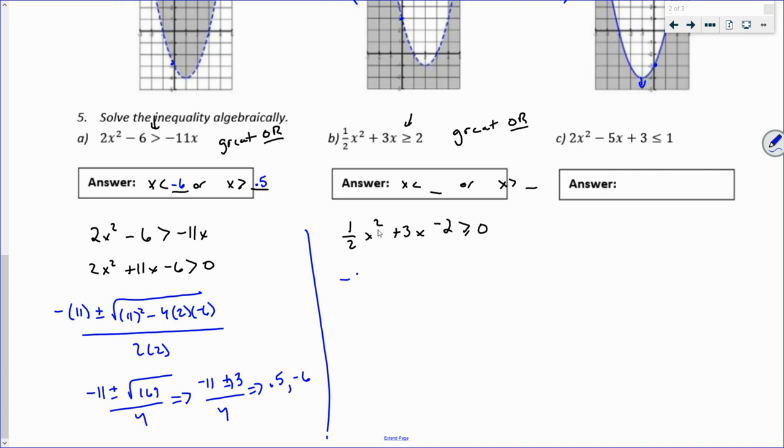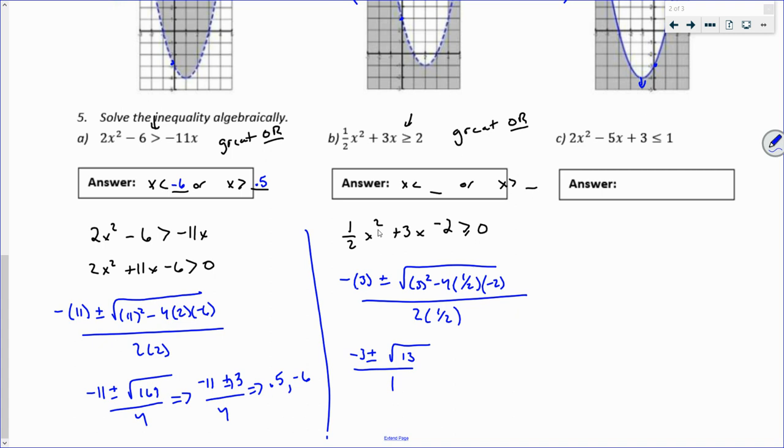So negative b plus or minus the square root of b squared minus 4ac, all over 2a. So to simplify, negative 3 plus or minus the square root of 13 over 1. So negative 3 plus the square root of 13.